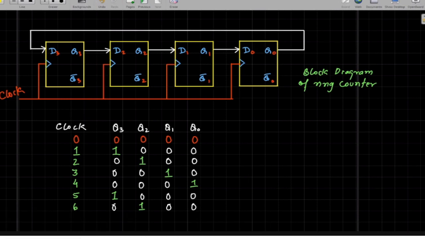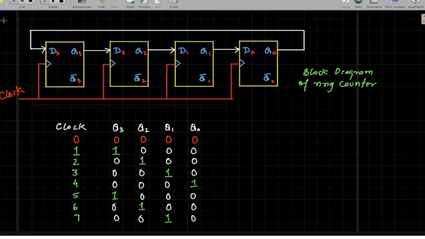And if the seventh clock comes, then of course this is 1 and the remaining others are 0, 0, 0, and so on and so forth. So in this case, your counting phenomenon is that this 1 is going to shift and then repeat itself. So there is a ring pattern. There is a rotation of this 1 that you can observe in this special type of counter.